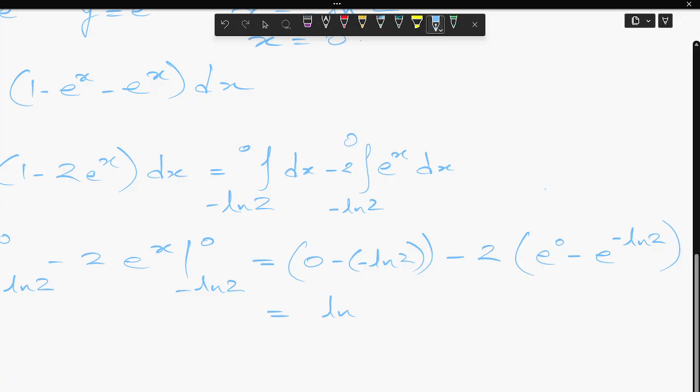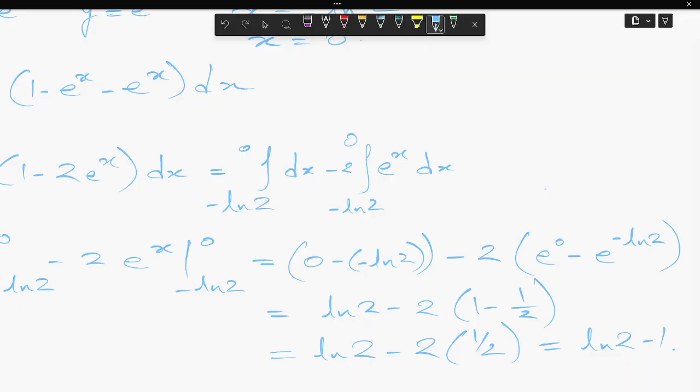So that will be ln 2 minus 2 into (1 minus half), which is ln 2 minus 2 into half, so ln 2 minus 1. So the area enclosed by the curves y equals e to the power x and y equals 1 minus e to the power x and the y axis is ln 2 minus 1.